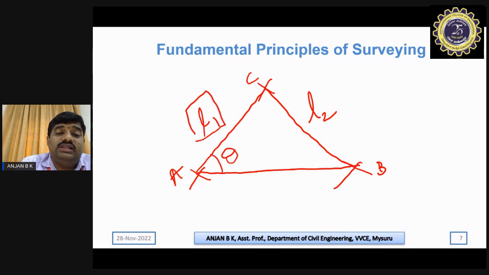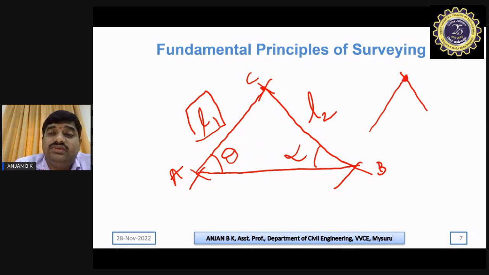Then also we can find this new point. Or we should have two angles, theta and alpha, where these two lines will go and intersect at a certain angle. So that is also a new point. Like this, we should have two measurements in order to find a new position with respect to two control points.